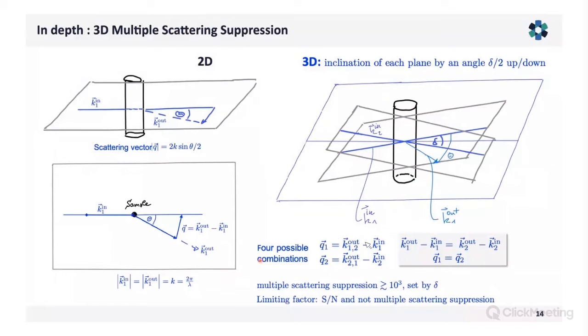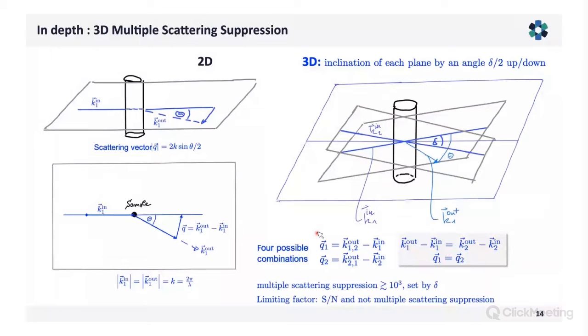And now we have 4 possible combinations of scattering vectors between these in and out wave vectors. I don't want to go too deep into the theory, but I just want to show these 4 combinations.